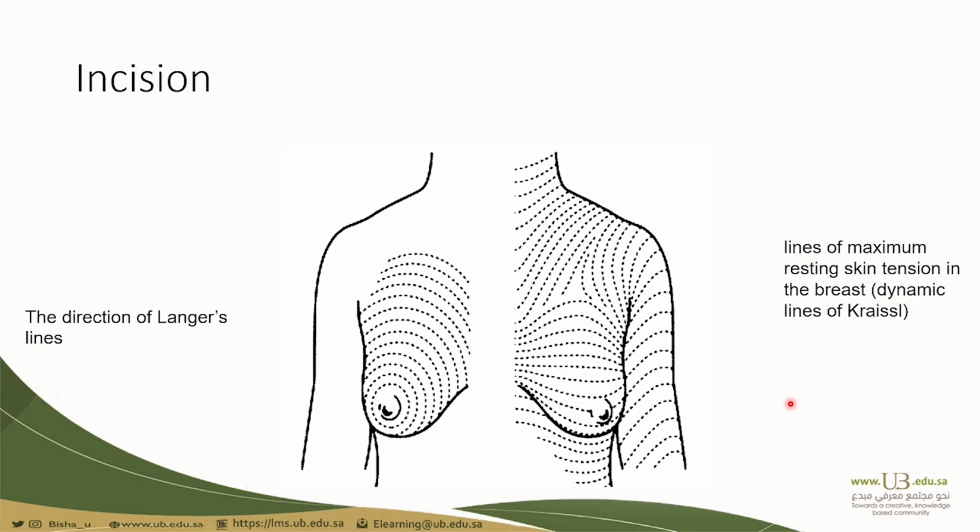So the recommended incision is like this, following the lines of maximum resting skin tension in the breast, except at 6 o'clock. We prefer it to be radial, like that. So why is that?